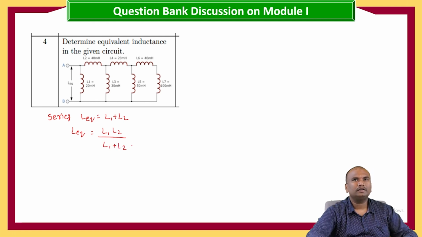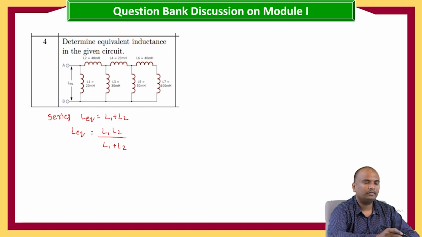So here, when we are taking these as the terminals, we have to start from the other end, same like the resistors. So here 40 millihenry and 100 millihenry are connected in series.